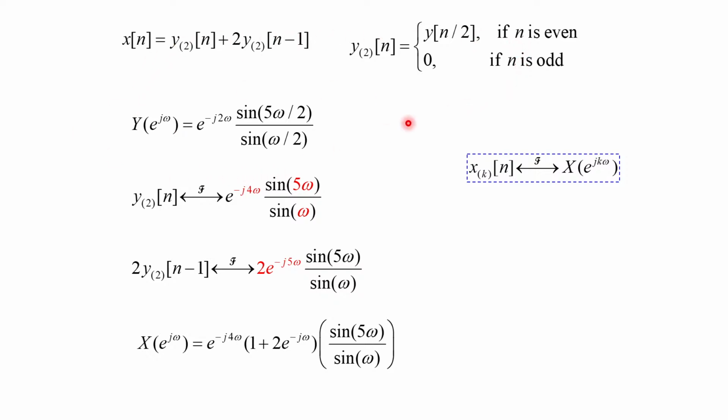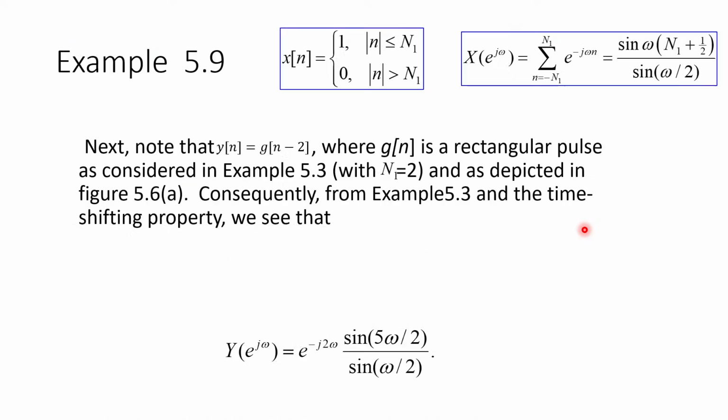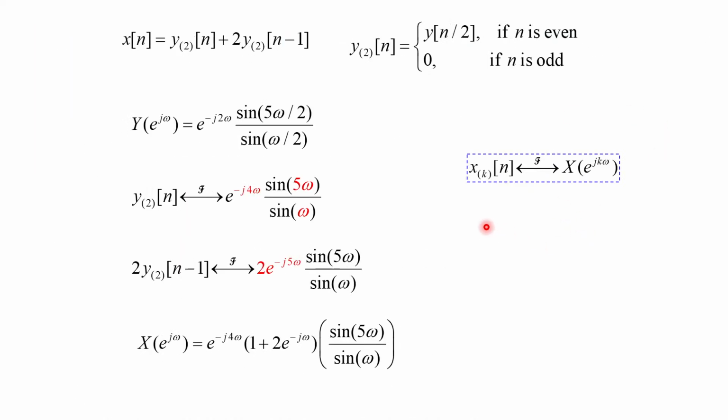So why is this useful? Then we can use our formula, the time expansion formula. Now we have a time expansion factor of 2, so k equals 2 here. Every omega here should be multiplied by 2, so instead of omega, omega over 2 will become omega.